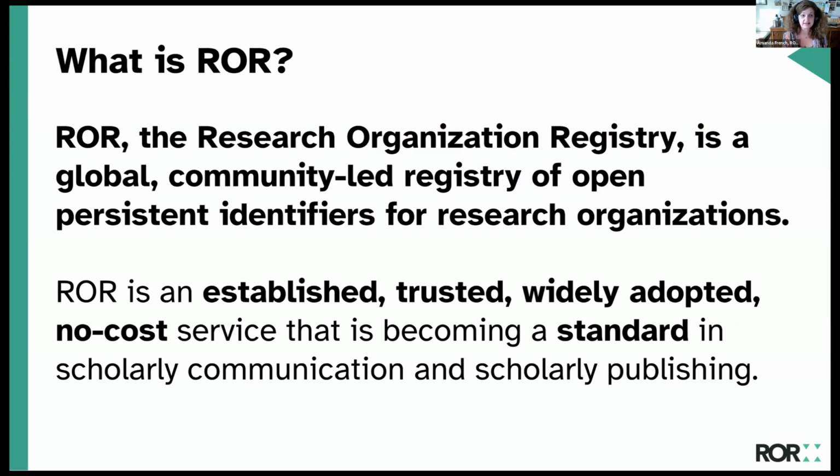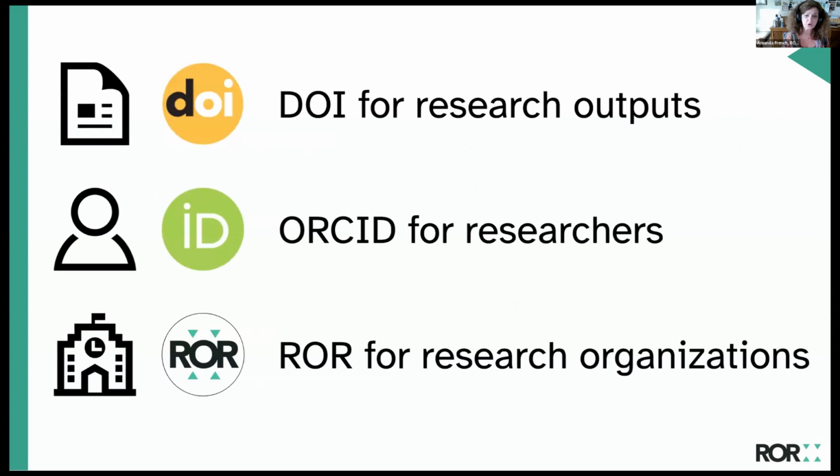So in the last 5 years, we've become an extremely trusted, established, widely adopted, entirely free service that's becoming a standard in scholarly communication and scholarly publishing. I would think that probably most people on this call are familiar with DOIs, digital object identifiers, for research outputs, such as journal articles and data sets, and presentations, gray literature, all of that kind of thing.